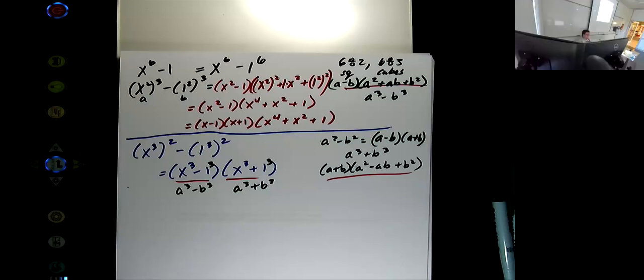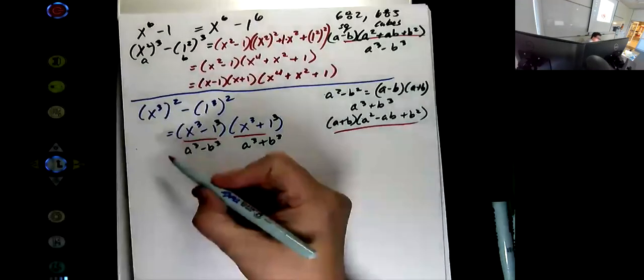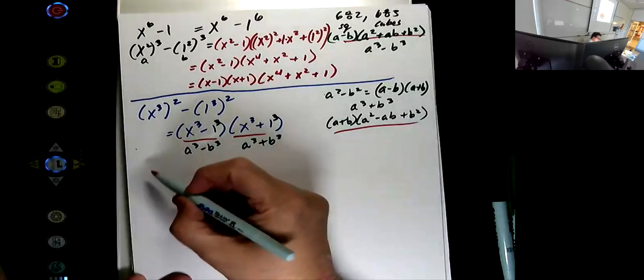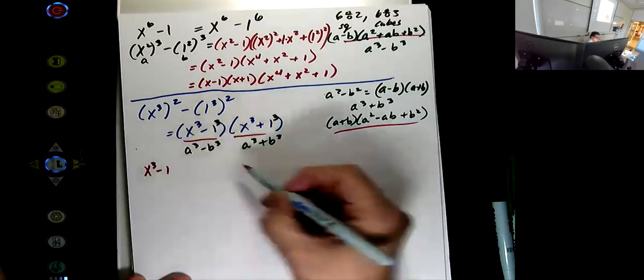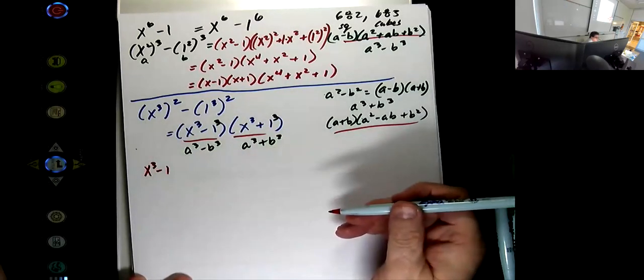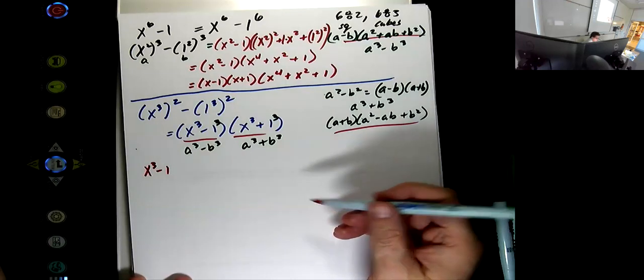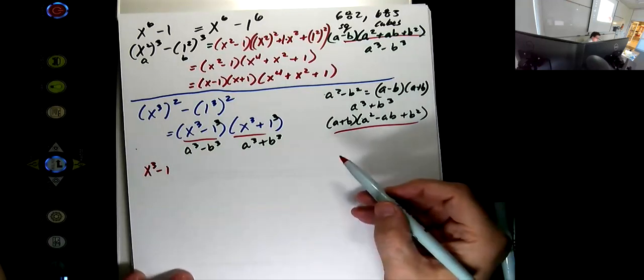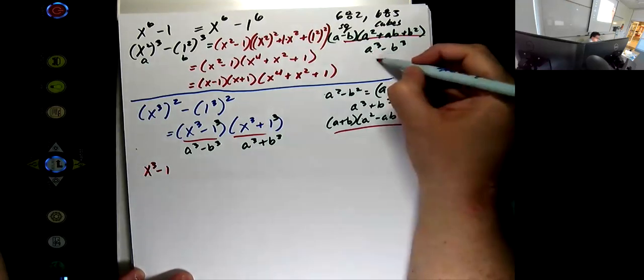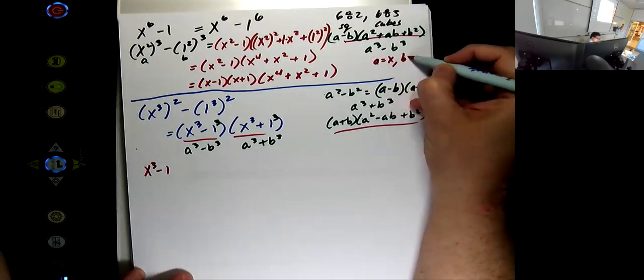You might find it easier to break them up, do them one at a time, and then reassemble afterwards. Just focus on the x cubed minus 1 first. So A is x here and B equals 1 from below.